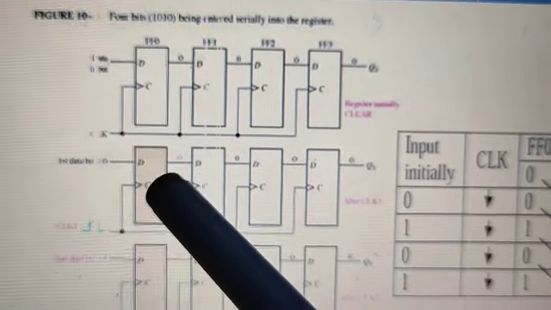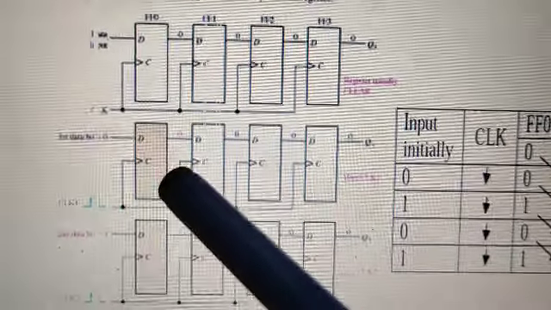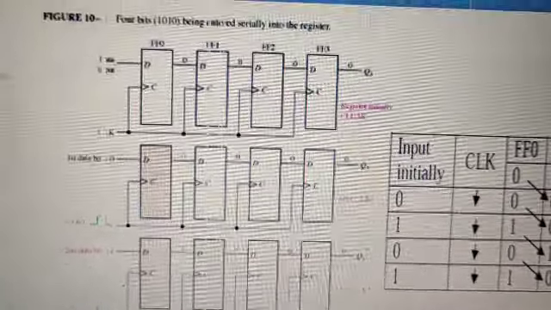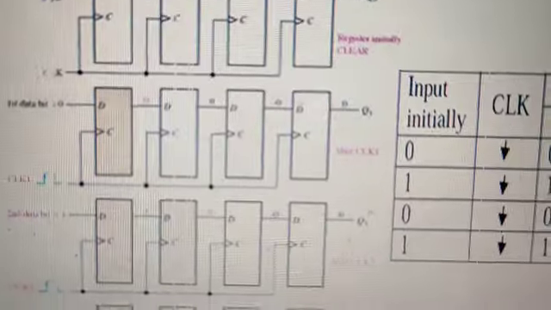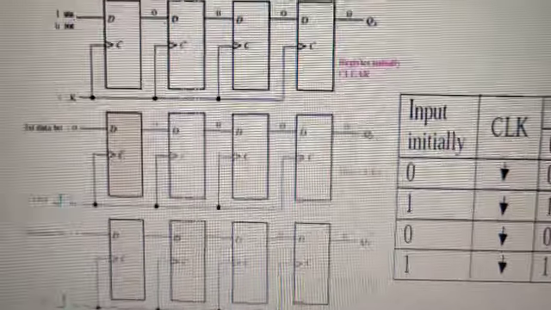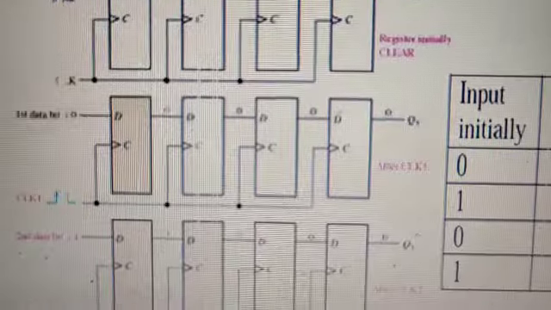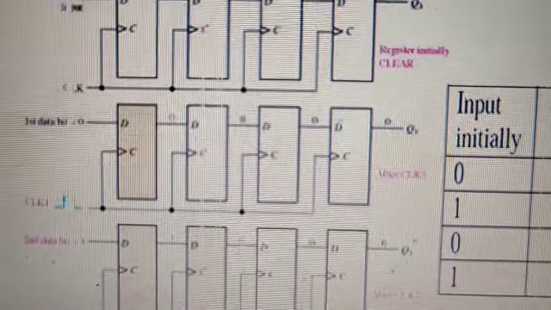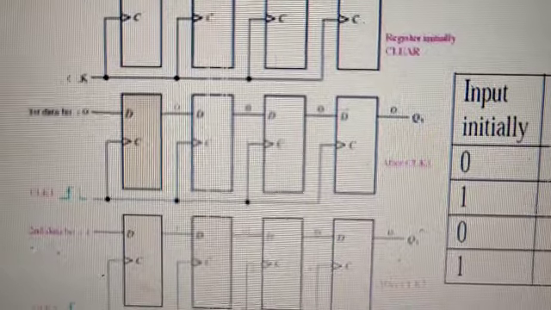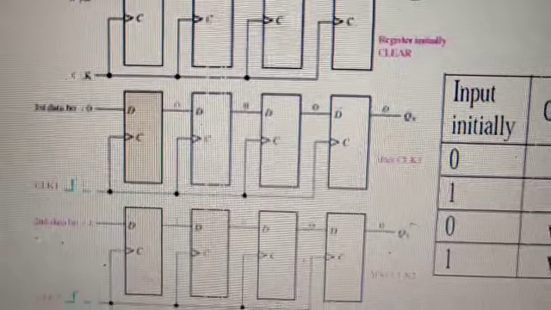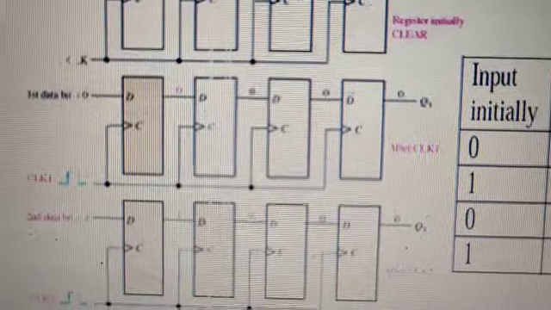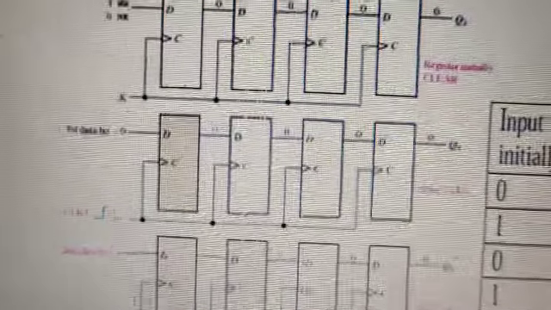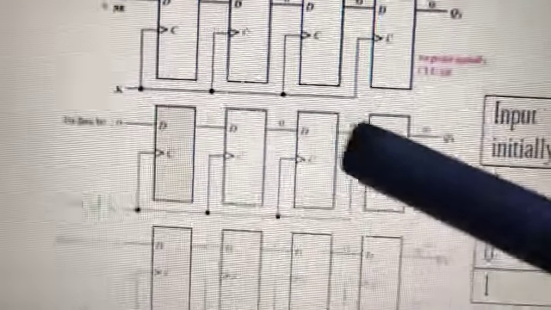Initially you have to clear all the flip-flops. There will be two types of pins that we'll discuss later. There will be a clear pin and a preset pin in every flip-flop, and when you give an input to the clear pin, the output of that flip-flop will be cleared, that is 0. Here you have 4 flip-flops, 1, 2, 3, 4.